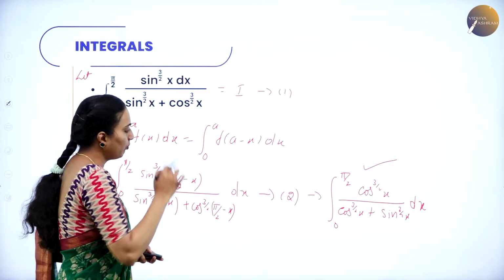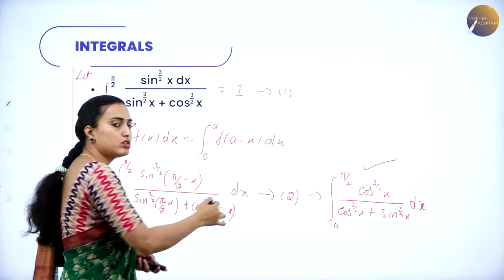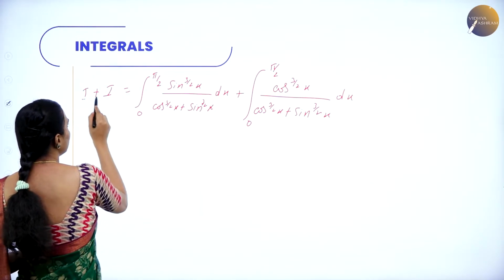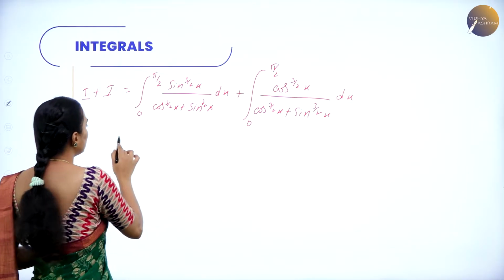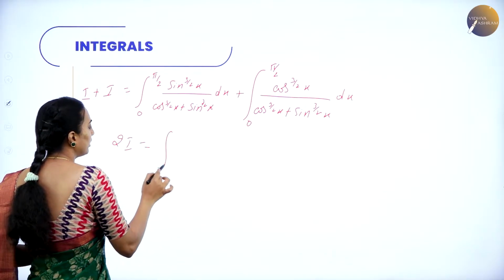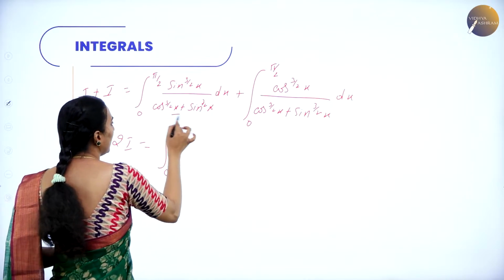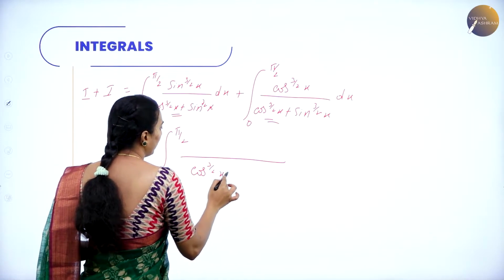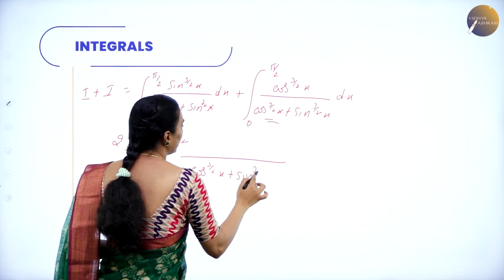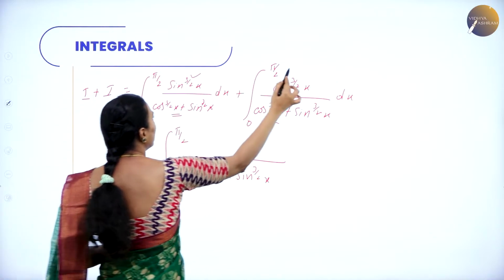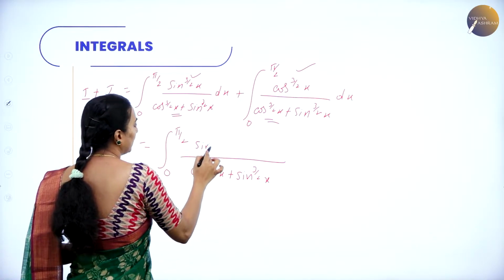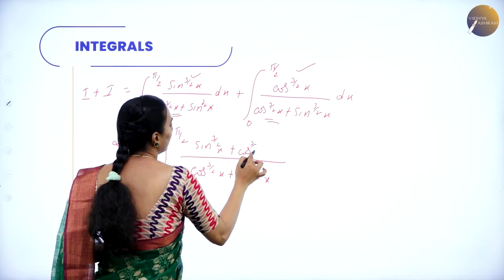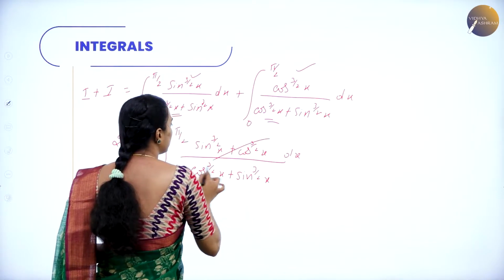Adding equations 1 and 2, here also I, therefore this is also I. So the left hand side will become I plus I, which is 2I, equal to integral 0 to pi by 2. Let us take the LCM, that is cos to the power of 3 by 2 x plus sine to the power of 3 by 2 x, and here we can add the numerator directly since the LCM is the same, plus cos to the power of 3 by 2 x into dx. Now dear students, this will get cancelled.